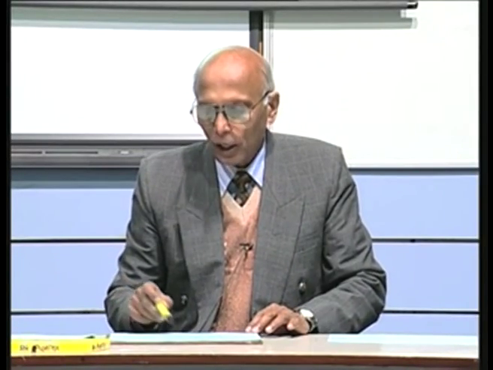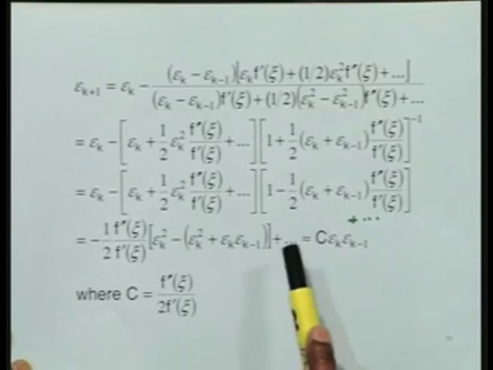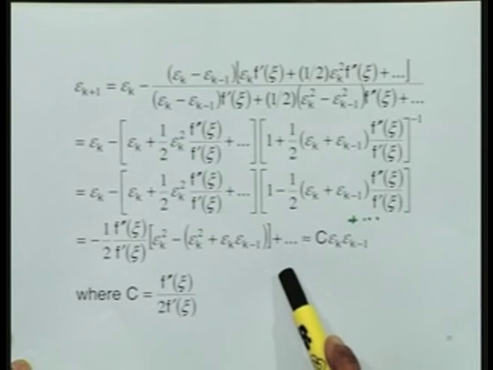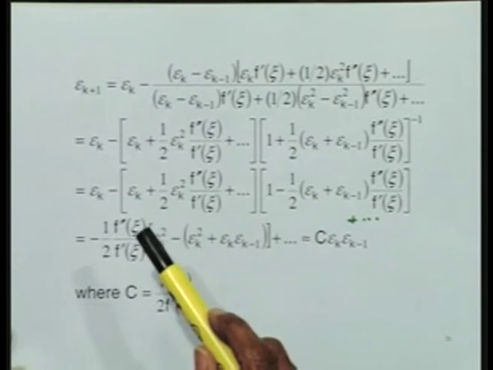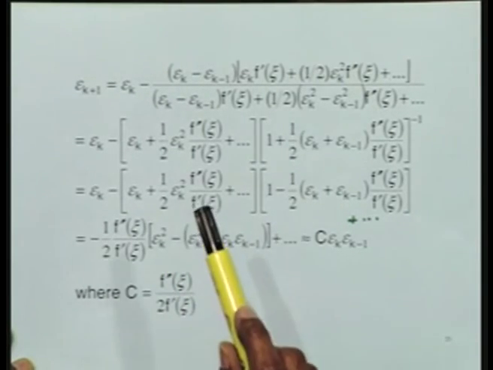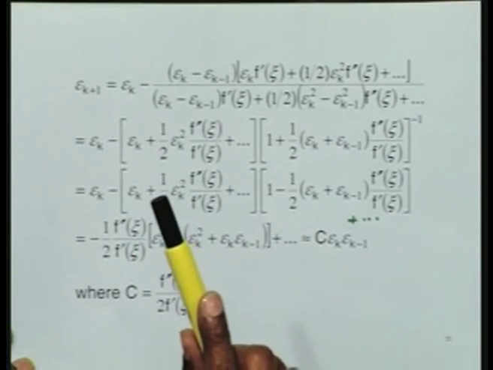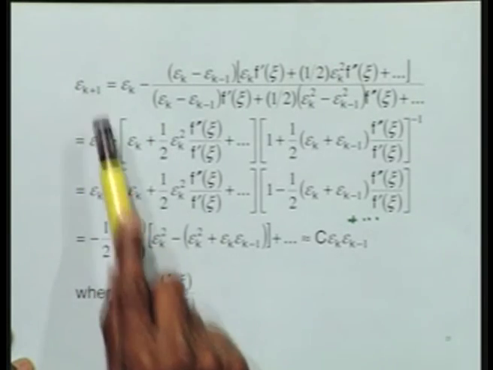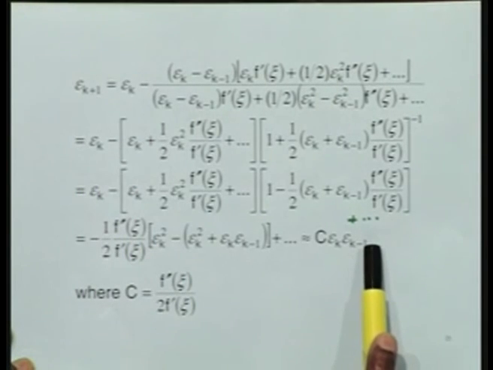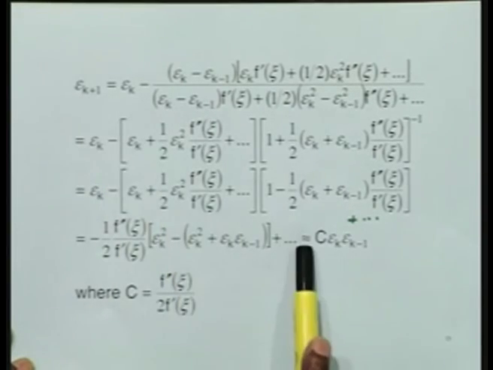We will see now how we are going to manipulate this to get the order of this particular method, because when we are defining the order, it is to link only epsilon_{k+1} and epsilon_k, but here it has linked epsilon_{k+1} with epsilon_k and epsilon_{k-1}. So we will have to eliminate epsilon_{k-1} from here to get that particular step, and we have the solution. Thank you.